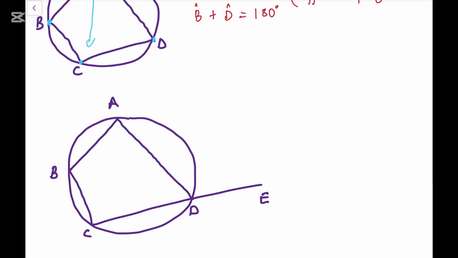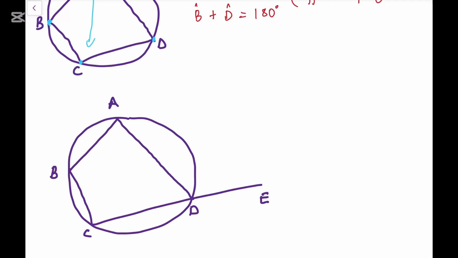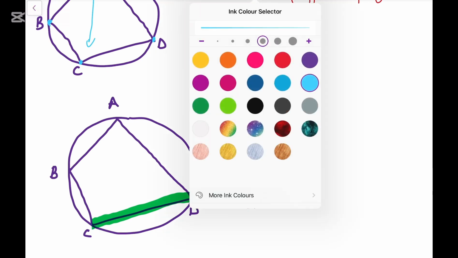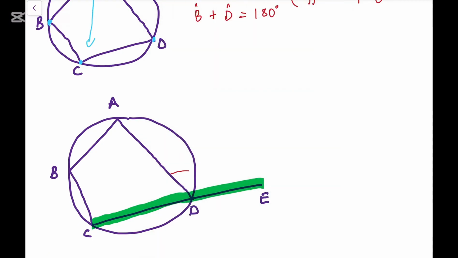Number 2, if now line CD is produced at E, so that means line CD is now extended. You will notice that there is an angle formed outside here. We call this angle the exterior angle. The exterior angle of a cyclic quad is always equal to the opposite interior angle.